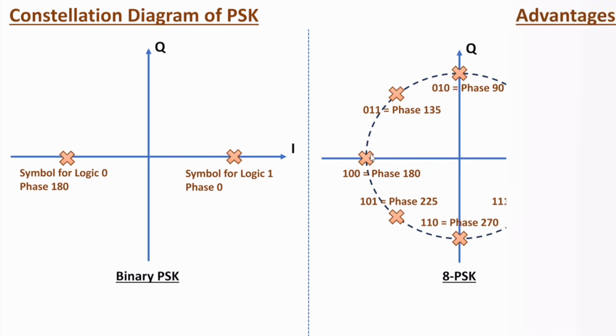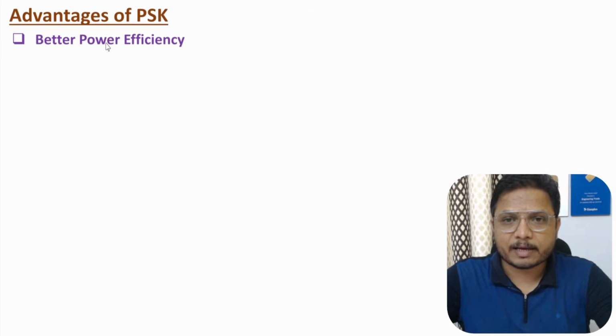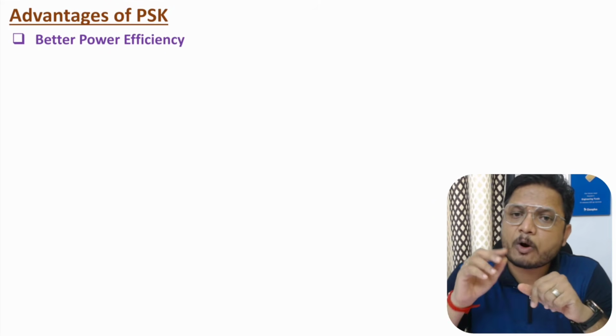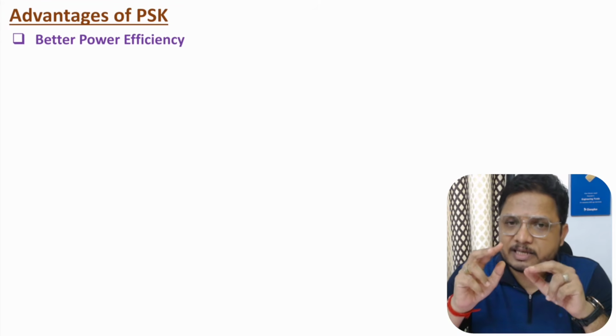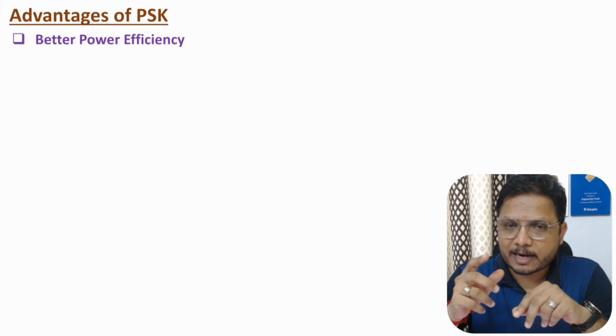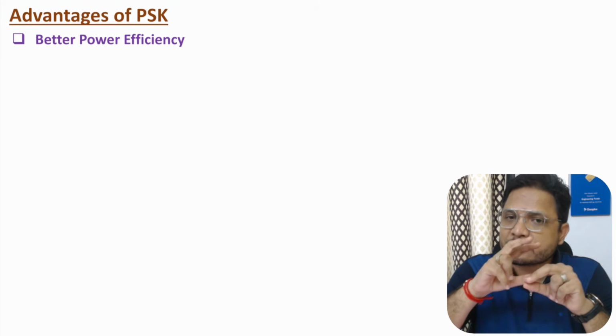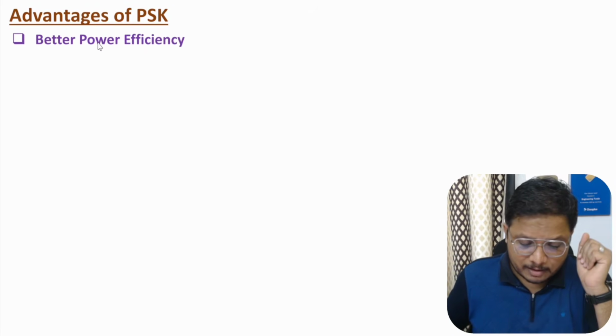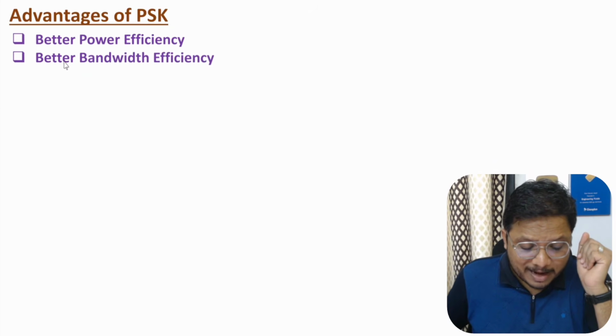Now let me explain the advantages of PSK. The first major advantage is power efficiency. With PSK, we have constant frequency, the digital data depends on phase, and the amplitude is constant. So you will have better power efficiency. The second advantage is bandwidth.